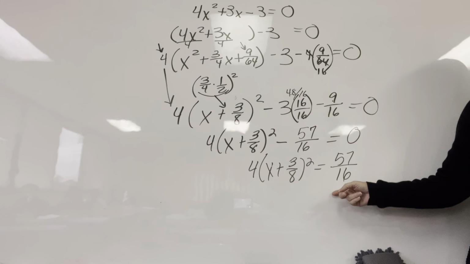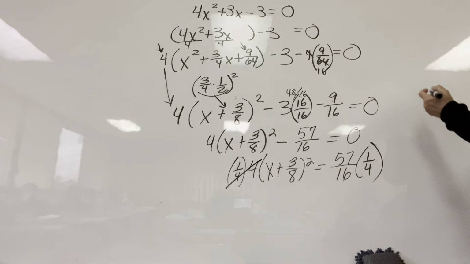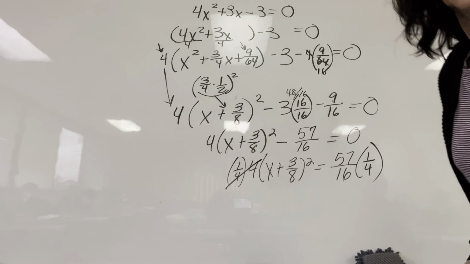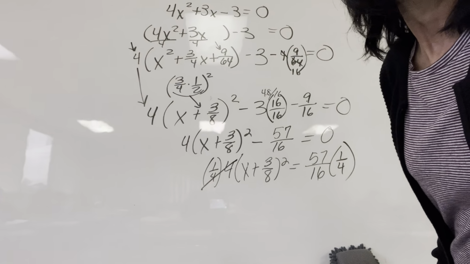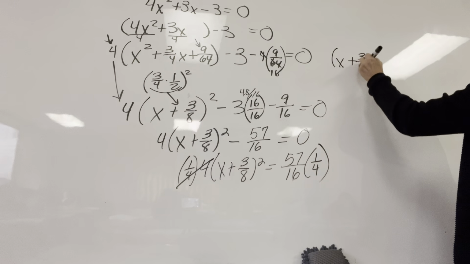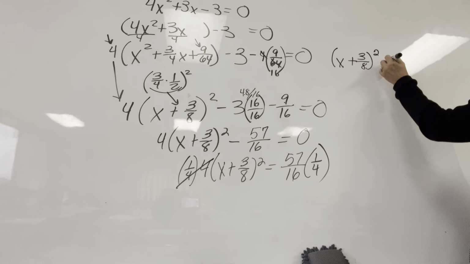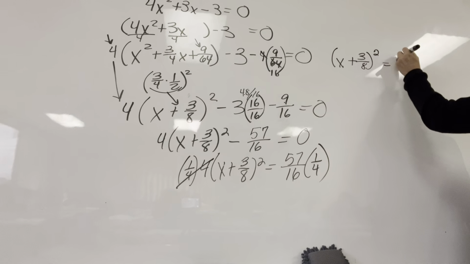I'm going to multiply by 1/4 on both sides, because that also eliminates the 4. And I'm left with x plus 3/8 squared equals 57/64, 4 times 16.